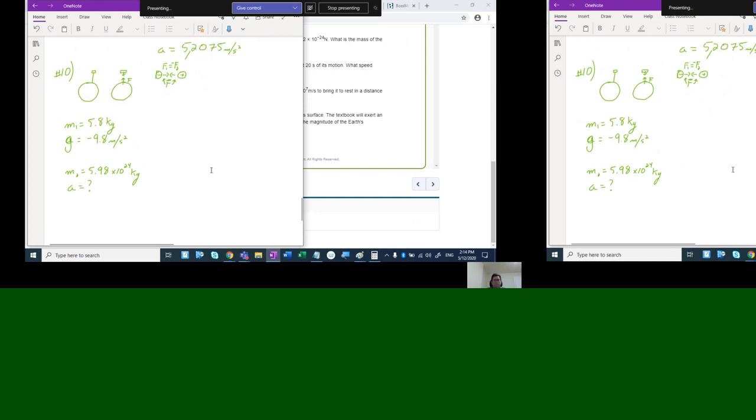Man, what a ruckus. So in other words, this is F1, this is F2, and F1 is equal to negative F2. You can see where things are going to go.